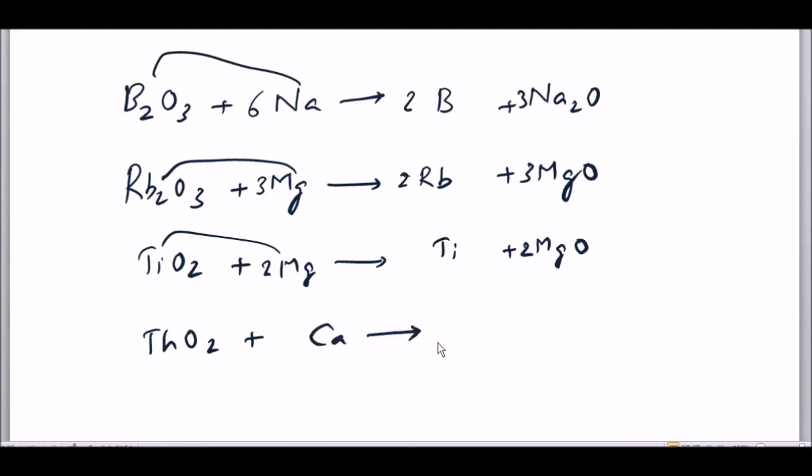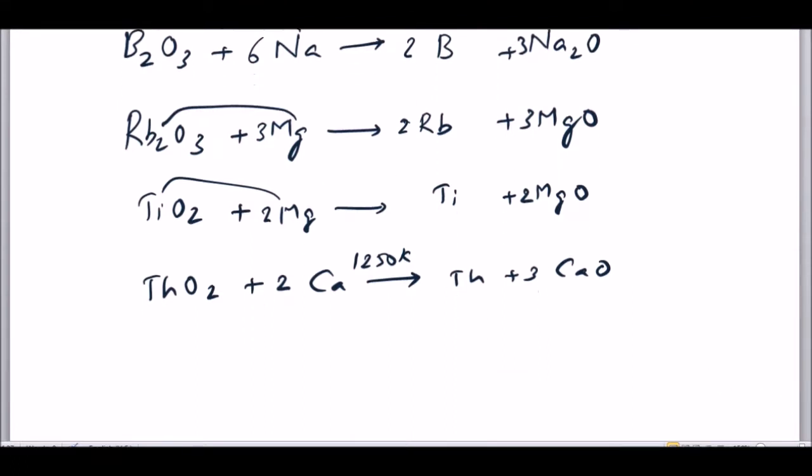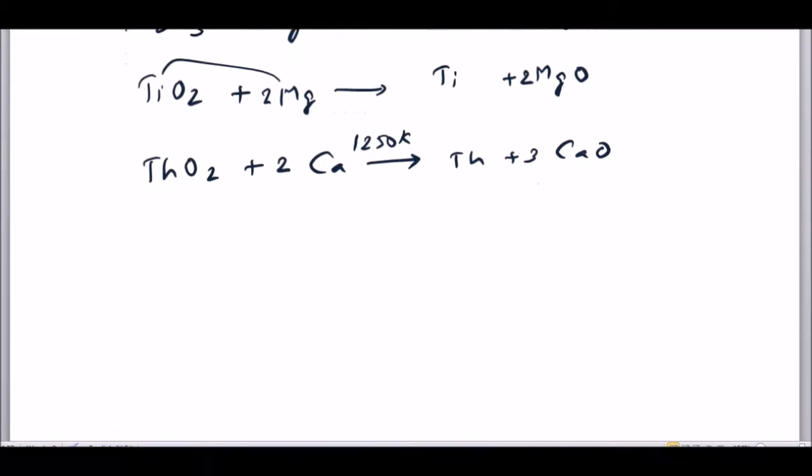Calcium is the active metal which acts as a reducing agent at a temperature of 1250 Kelvin. The thorium is formed, along with that the calcium oxide is formed, 3 times and 2 times. And finally, in the reduction procedures, so many reduction procedures we have been seeing, the last one is auto reduction.